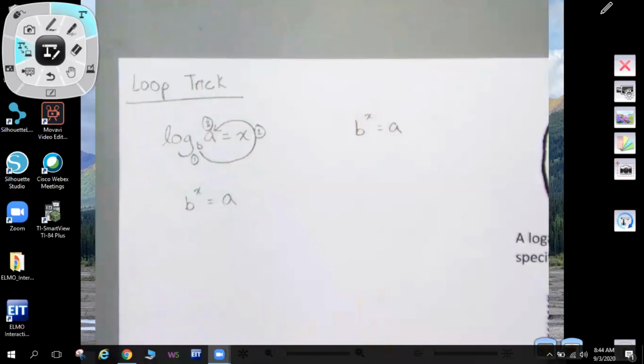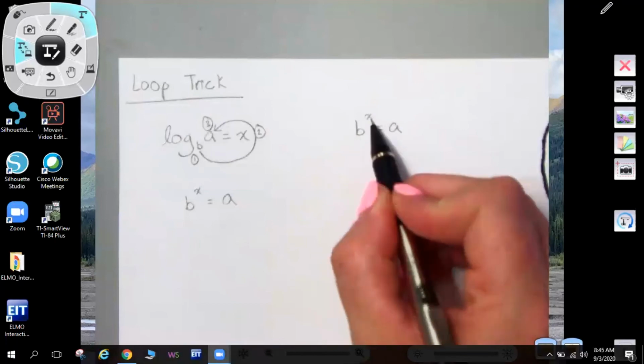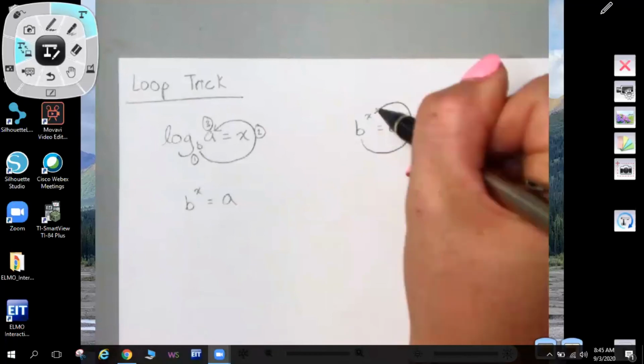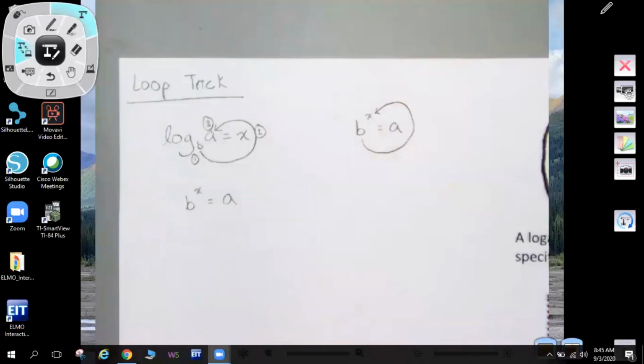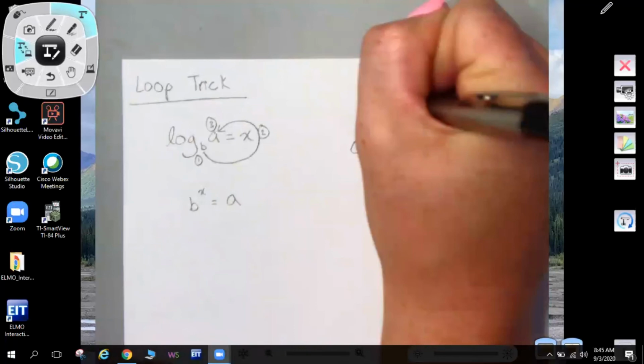So again, we're going to start at the base, which is the number or letter that has the exponent on it, in this case b, and we're going to draw a counterclockwise loop around to the exponent. Okay, so when we write this in log form, we're going to write b first, then a, then x.